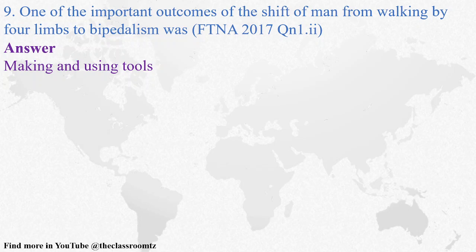Man used those free limbs to do activities like making and using tools. At the beginning, while man was moving on 4 limbs, it was difficult to use those limbs for other activities. But now, moving on 2 limbs, there are 2 free limbs, and those free limbs helped man to do different activities and make different tools.